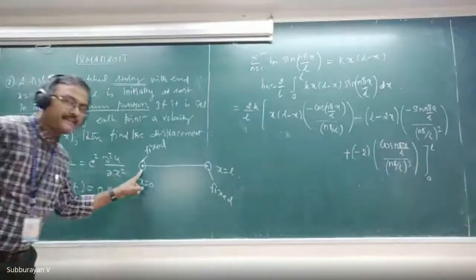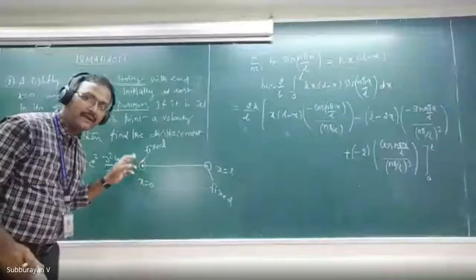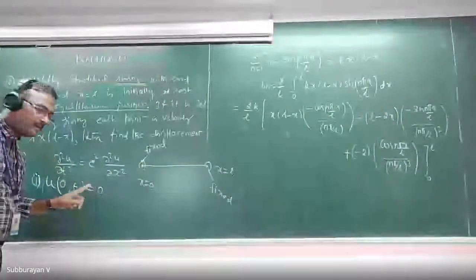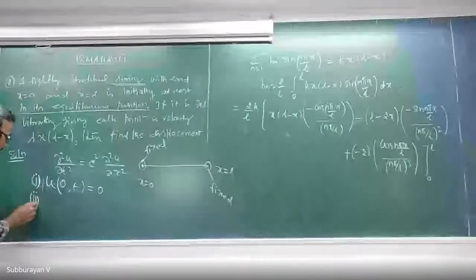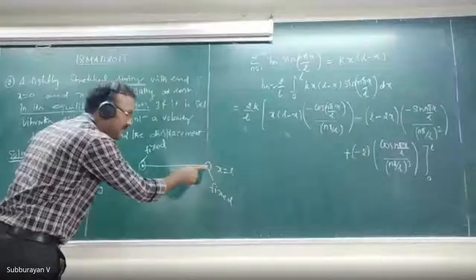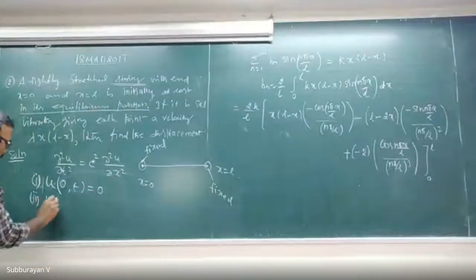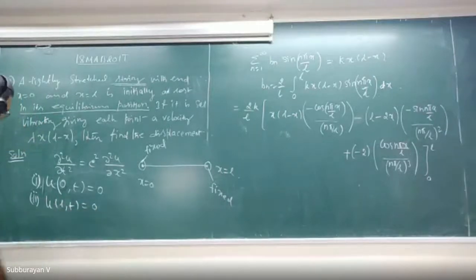The string is fixed at this point, so there is no displacement here. The second condition: at x equal to L the string is fixed, so there is no displacement at this point also. Hence u of L comma t equals 0.